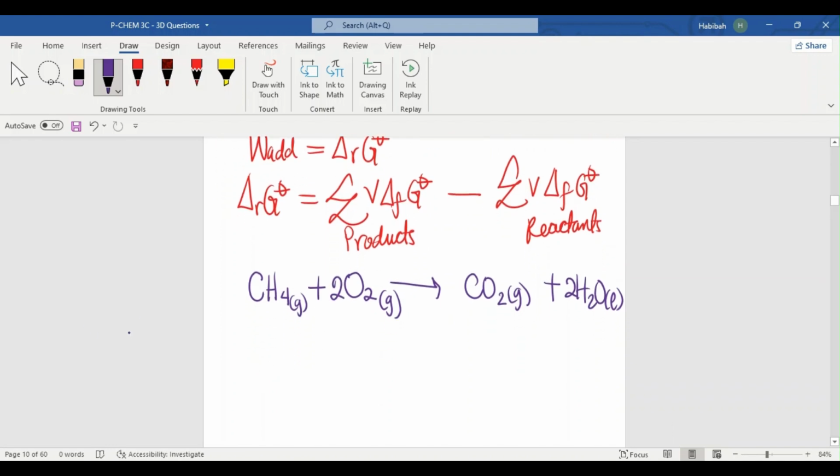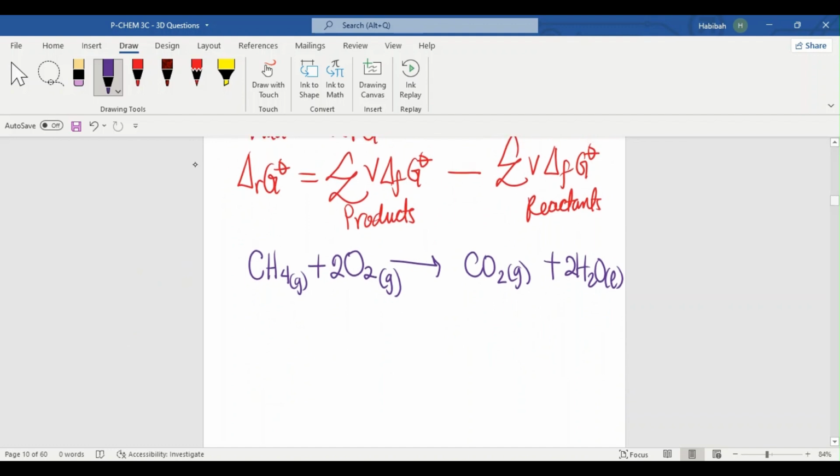From this information, we can start working. We're first going to organize this reaction according to the formula up top, where we focus on the Gibbs energy of reaction.